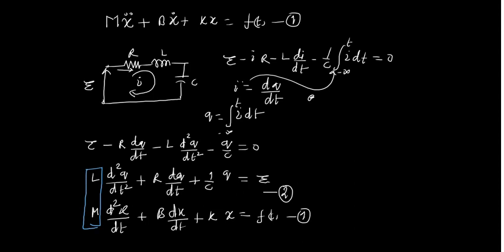Clear? Similarly, a damper in a mechanical system is equivalent to resistance in the equivalent electrical system. Similarly, a spring constant K is equivalent to the capacitance of the equivalent electrical circuit.